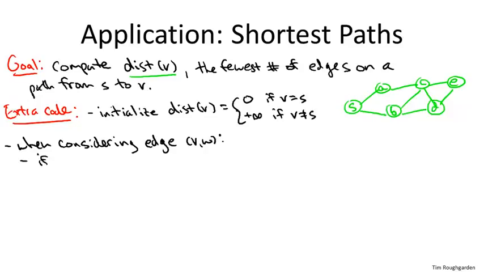But if this is the first time you're seeing the vertex w, then, in addition to marking it as explored and putting it in the queue at the back, we also compute its distance. And its distance is just going to be one more than the distance of the vertex v responsible for first discovering this vertex w.